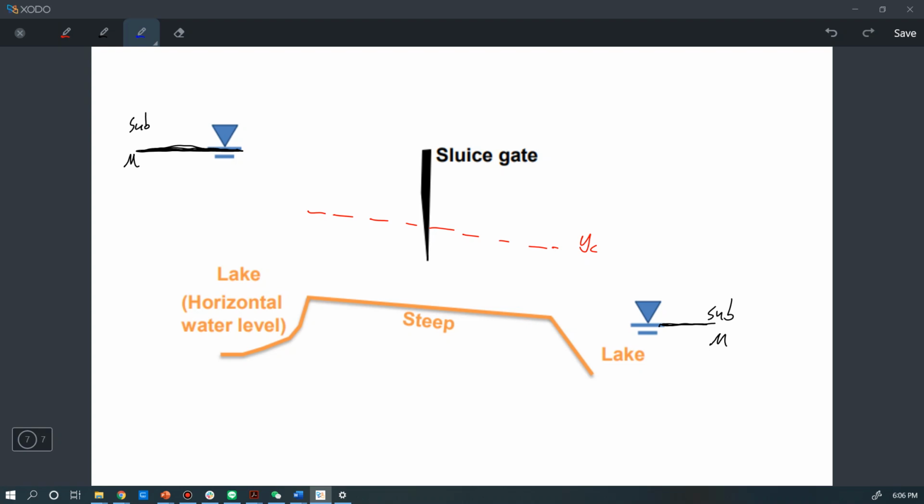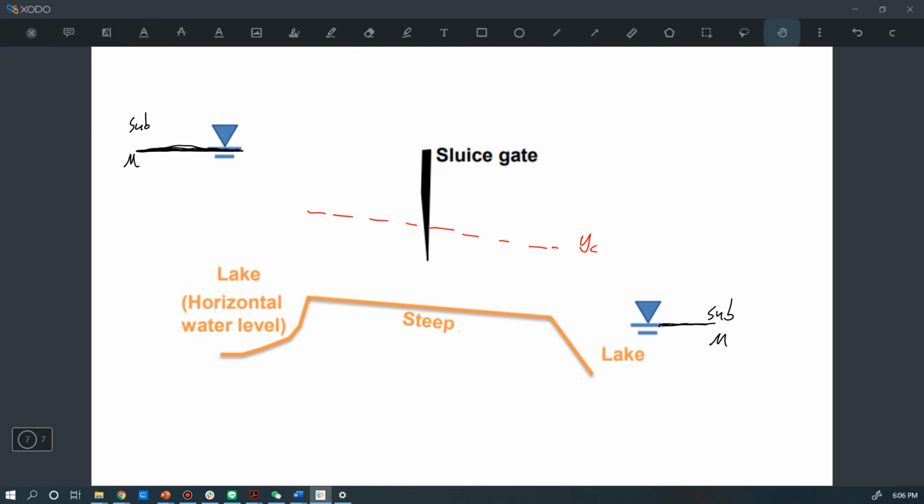And because this flow is steep, right? Okay, it's steep. So the normal depth should be somewhere around here. Let me change the color for this one.